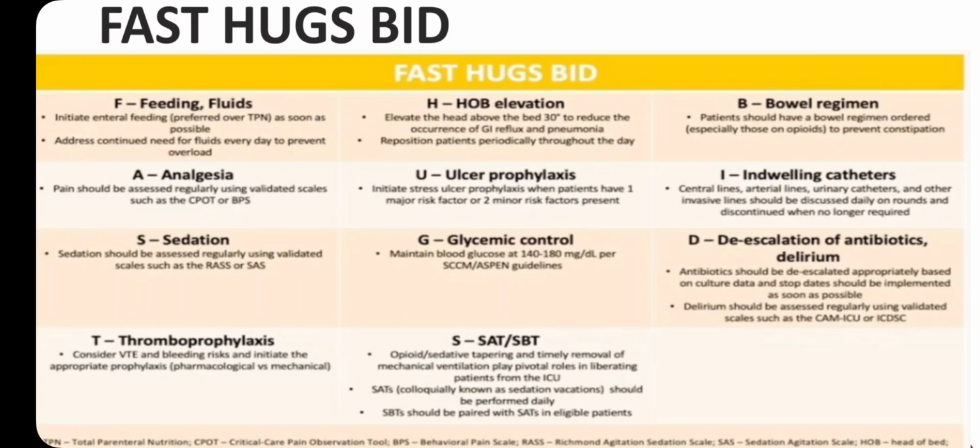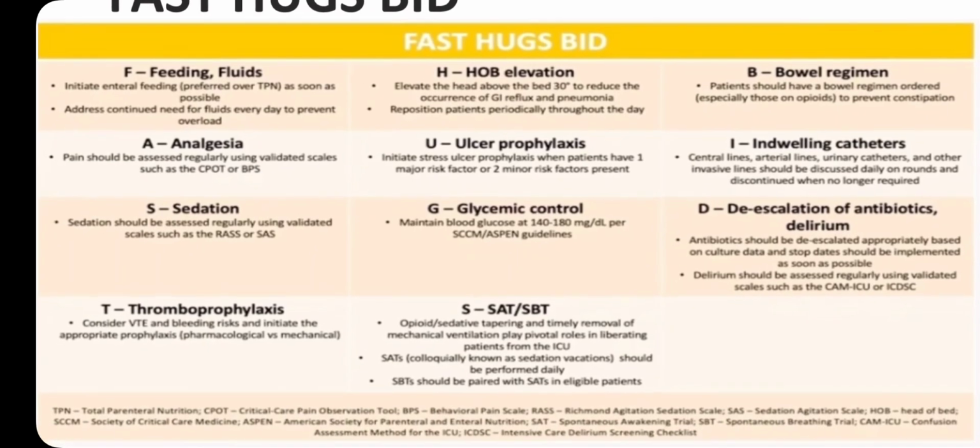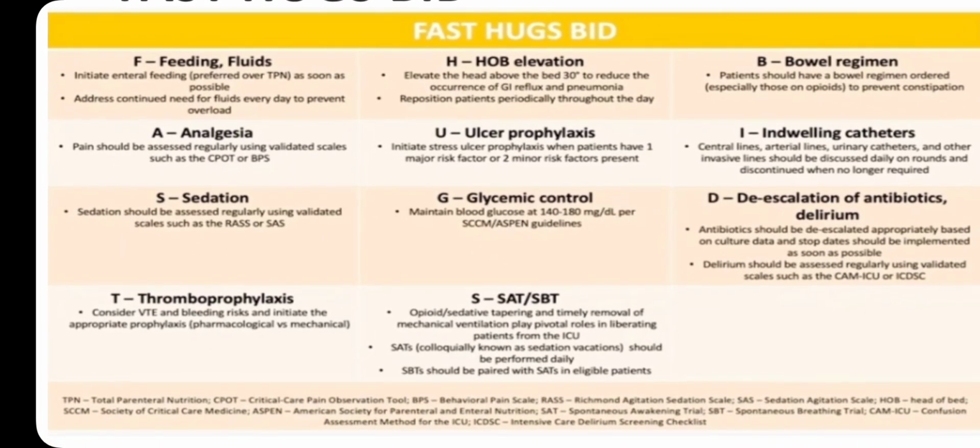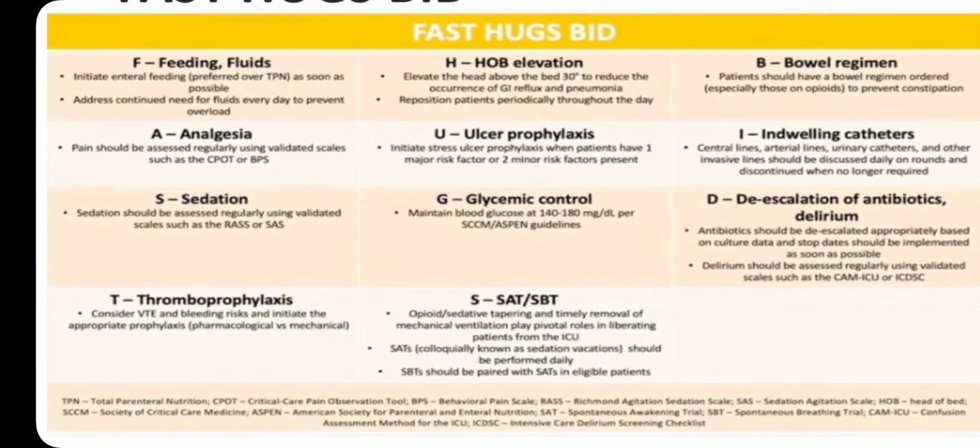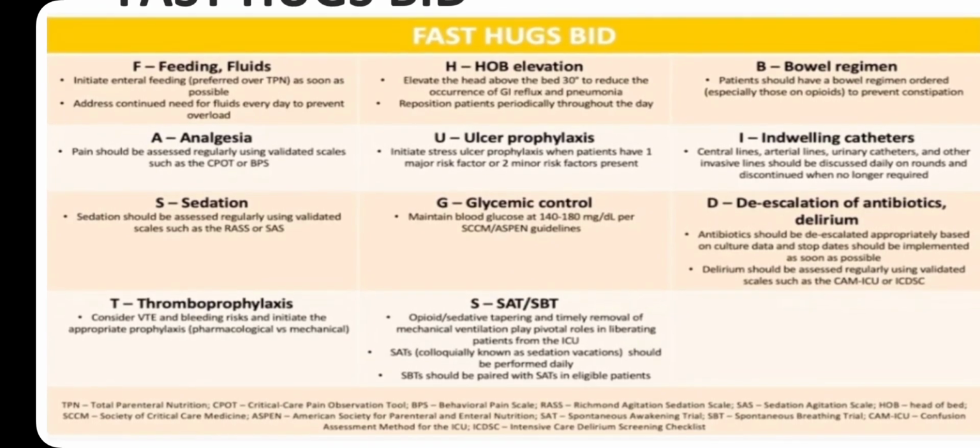Antibiotics should be de-escalated appropriately based on culture data, and stop dates should be implemented as soon as possible. Delirium should be assessed regularly using validated scales such as CAM-ICU or ICDSC. CAM-ICU stands for Confusion Assessment Method for the ICU, and ICDSC stands for Intensive Care Delirium Screening Checklist.